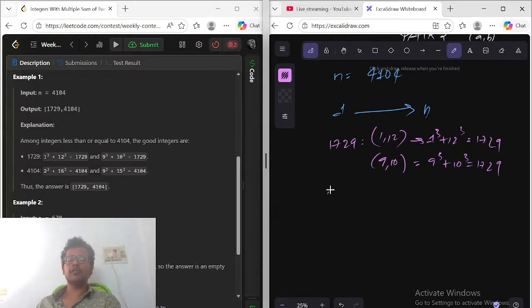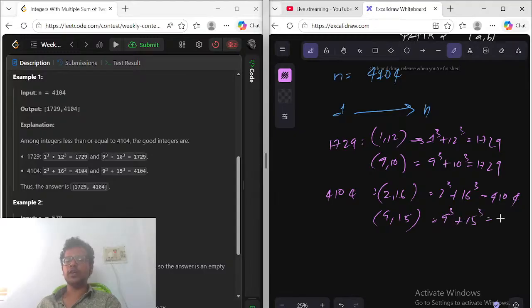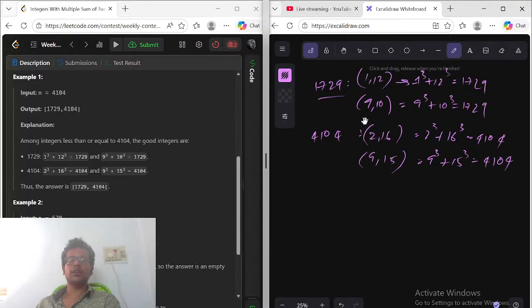And for 4104, I have 2 comma 16 and also 9 comma 15, where 2 cube plus 16 cube is equal to 4104 and also 9 cube plus 15 cube is equal to 4104, right? So I have at least two distinct pairs a comma b where the sum of those cubes is equal to an integer, and we need to return those integers in a vector of int in a sorted way.